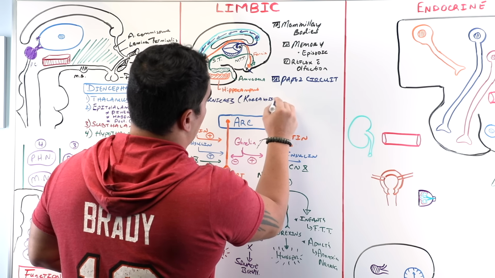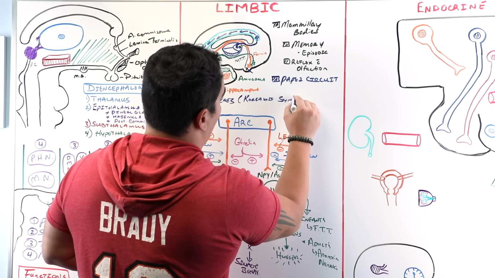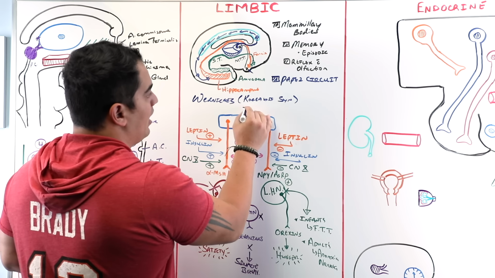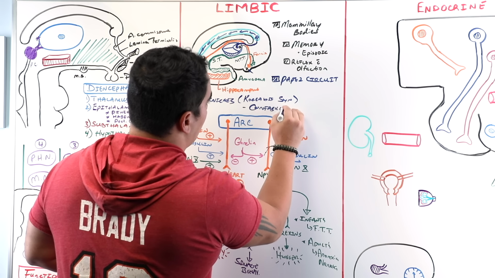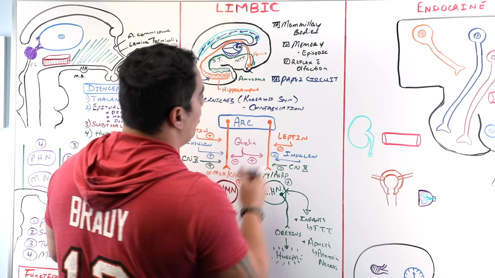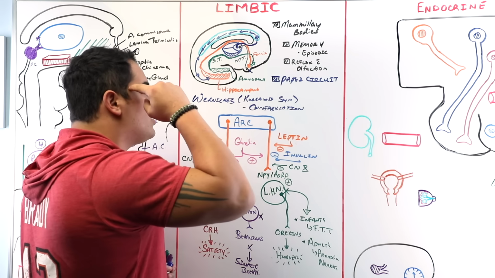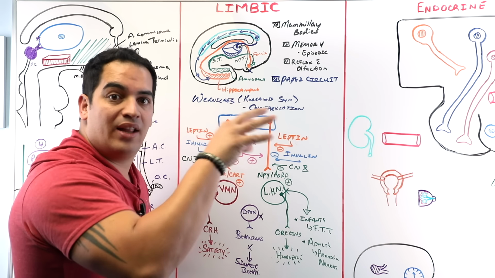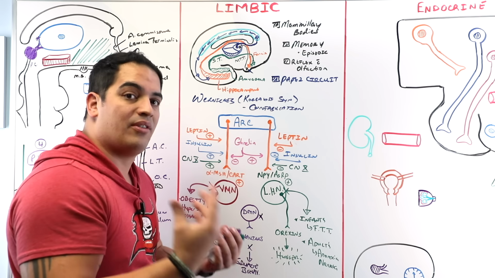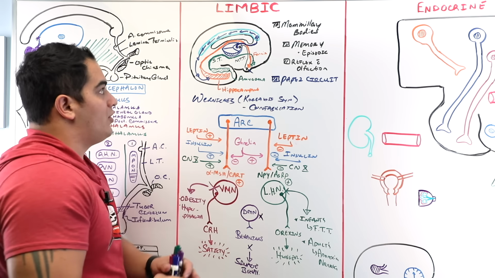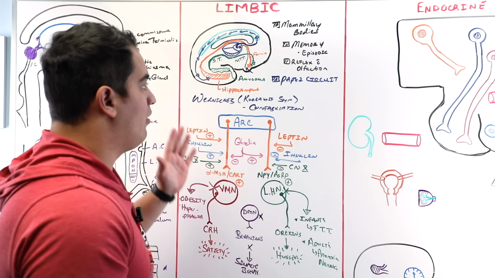So Wernicke's encephalopathy or Korsakoff syndrome. And one of the big things that develops in this is what's called confabulation. That's basically where these people have pieces of their memory that are lost and they fill in those empty spaces with things that are actually not real. That's called confabulation.